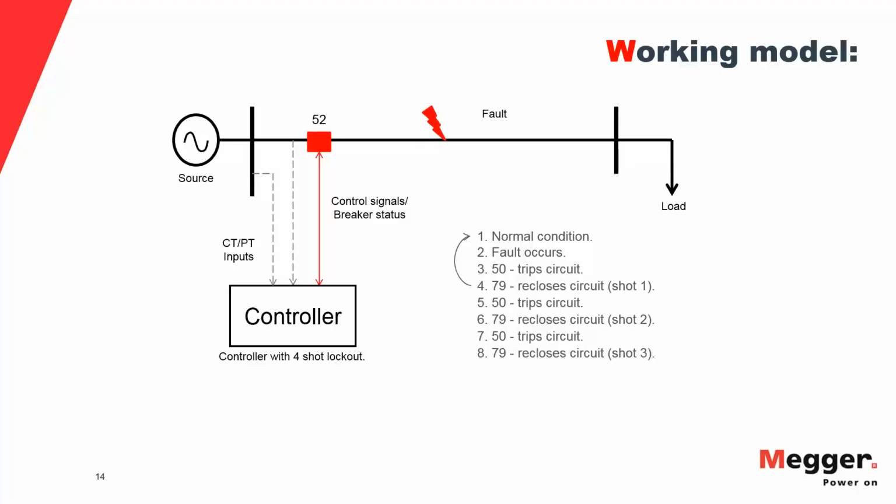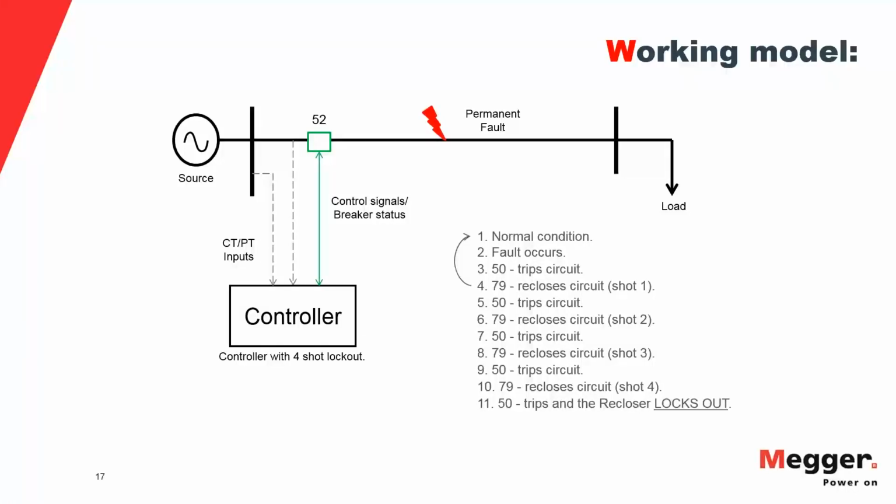In this case here, we are showing a case where at the end of the 4th shot, the controller finally determines that the fault was a permanent one, and it has no choice but to remain permanently open.